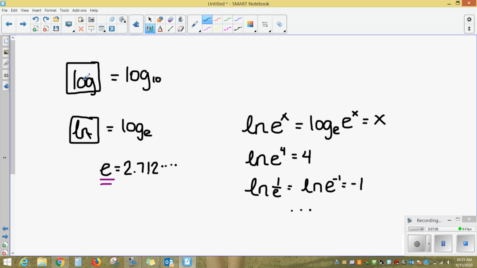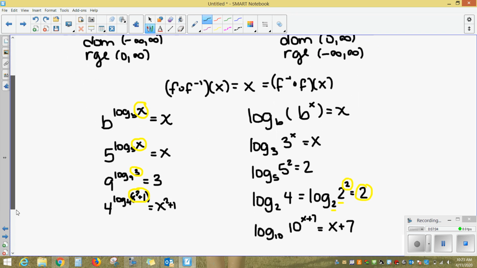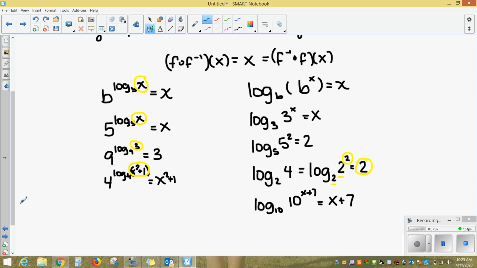So common log, natural log, composition of functions. When we are trying to solve for x at the end of this chapter, we have to be able to use this composition of functions and the properties of logs that we learn in 4.3. These sections are about getting familiar and comfortable with seeing these relationships and recognizing that this would just be equal to the exponent, that this would just be equal to that 3.